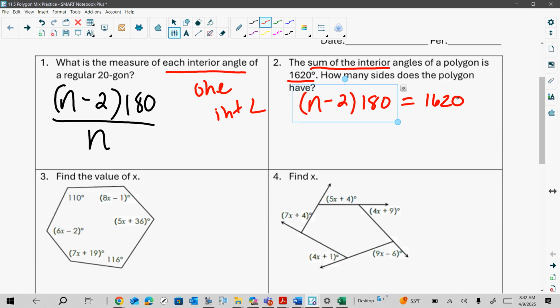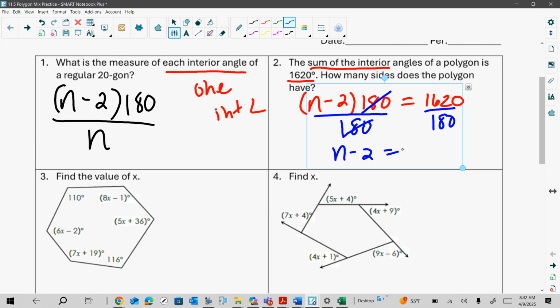Anyone know what might be a first step? Divide both sides by 180 first. And then you have your n minus 2 equals, what is this? 9? And then we're solving for n.